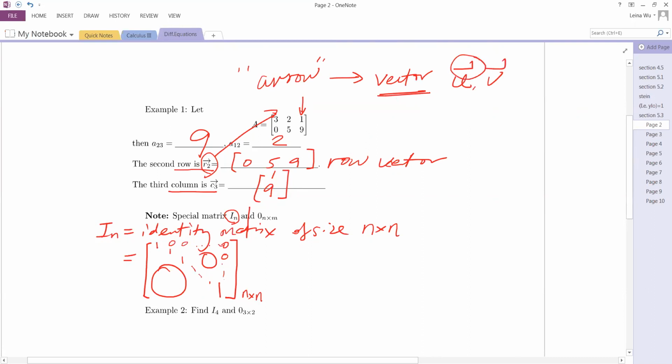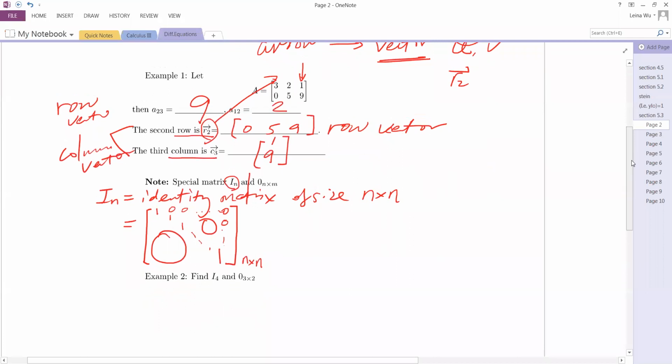The second row is considered a row vector, so it's R2 with an arrow on top to show it is a vector. Same for C3, a column containing 2 elements, a column vector. We call these row vector and column vector. Is that good so far?